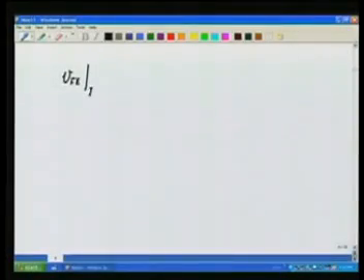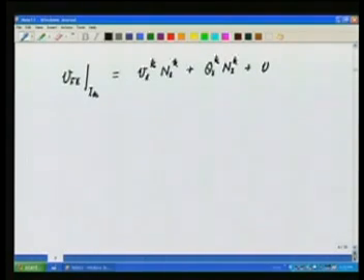Just like we did earlier, we will say that VFE in the element K is equal to V1 of K N1 of K plus theta 1 of K N2 of K plus V2 of K N3 of K plus theta 2 of K N4 of K.